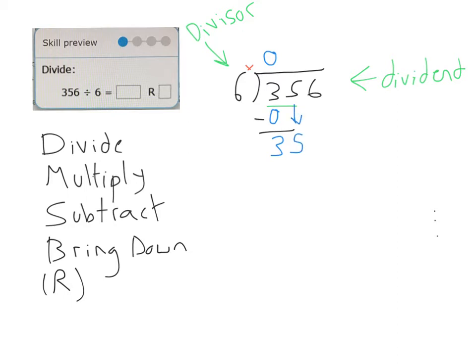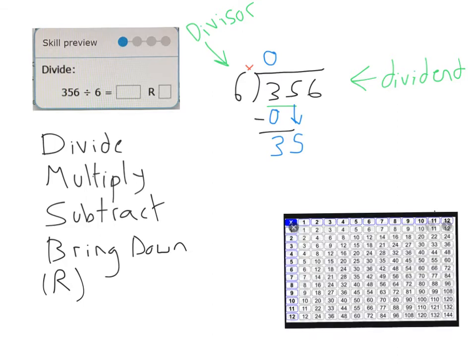Now, repeat. Go back to divide. Now I'm looking at the 35 and 6. How many 6s can I take out of 35? If you're very comfortable with your basic division and multiplication facts, I'm hoping you recognize that 6 times 5 is 30, and 6 times 6 is 36. That's too big, so we can only take out 5.